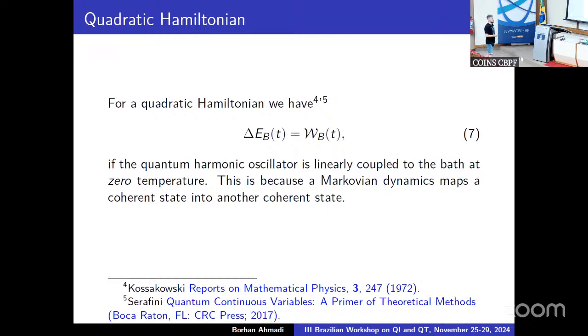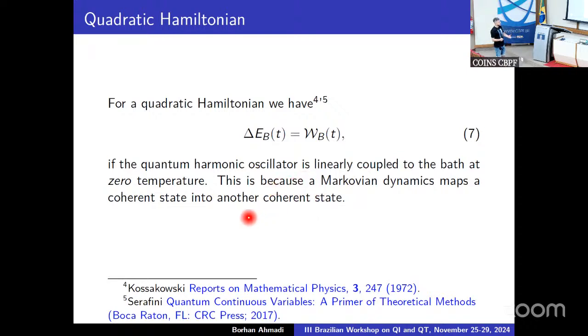Okay, since I'm using a Markovian bath, my evolution is Markovian, and the bath is in the ground state at 0 temperature. If the initial state is ground, which is a coherent state, then this Markovian dynamics maps coherent state to coherent state.